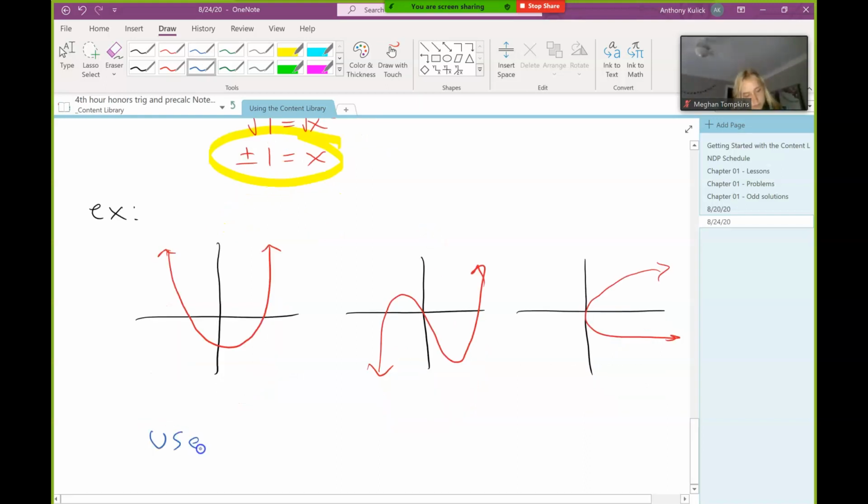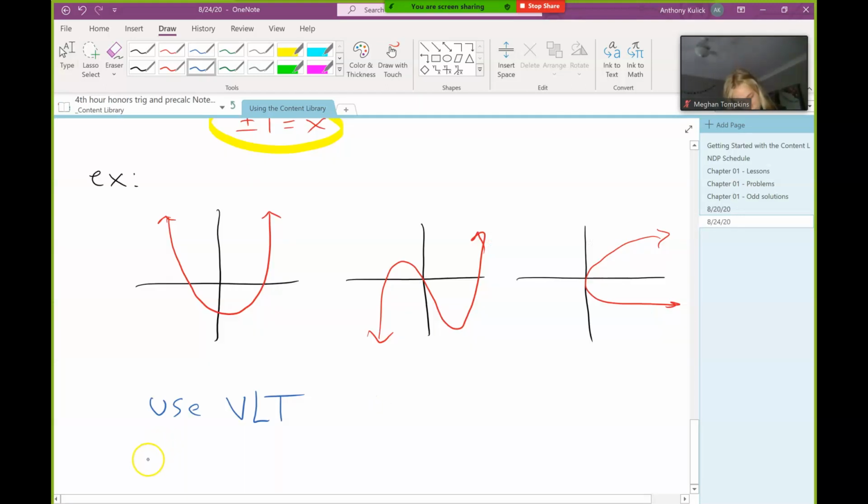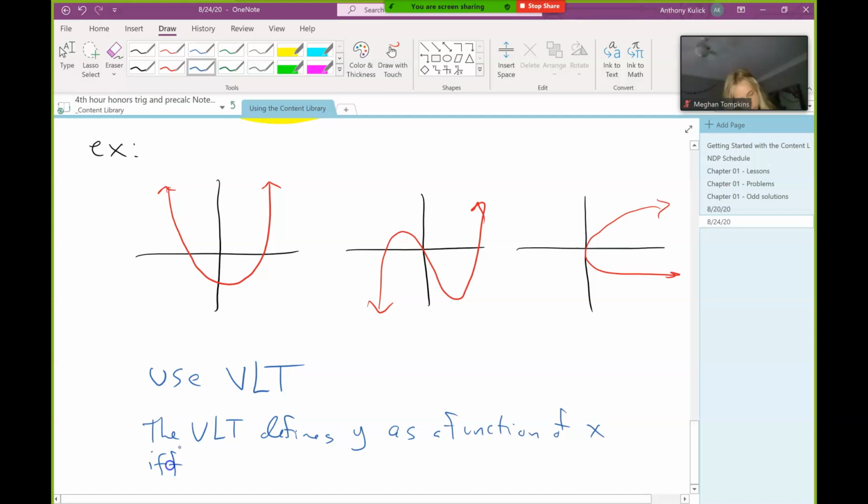So I like to abbreviate that just as VLT for vertical line test. And what that says is that the VLT defines y as a function of x if and only if, so the IFF like that is just an abbreviation for if and only if.